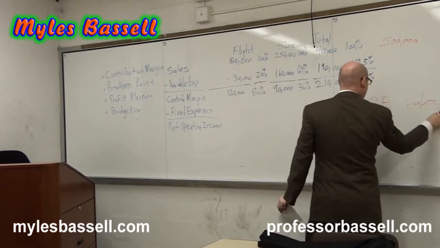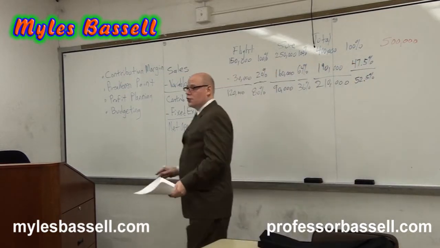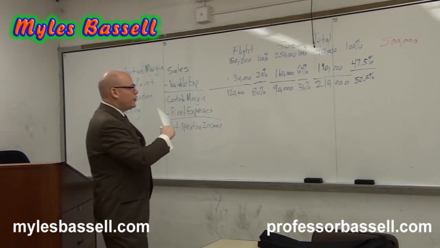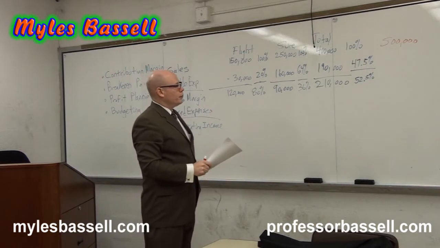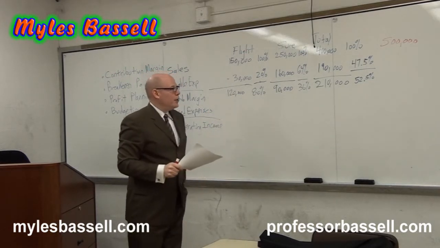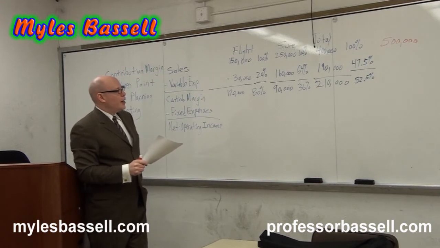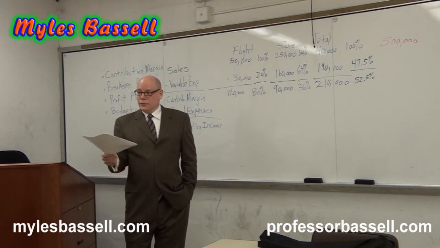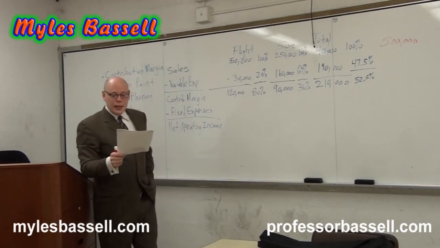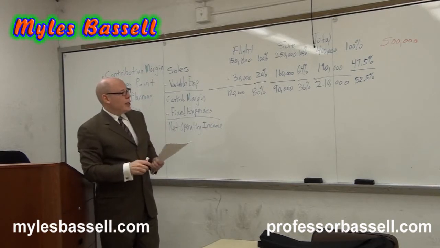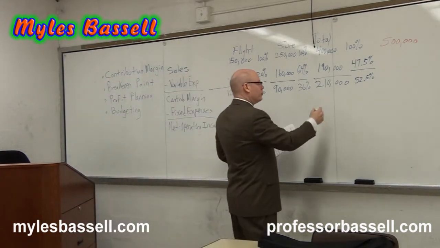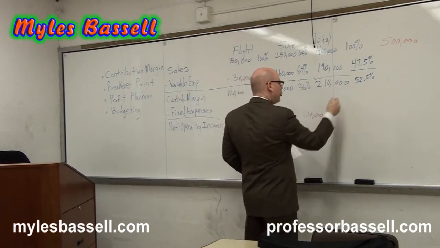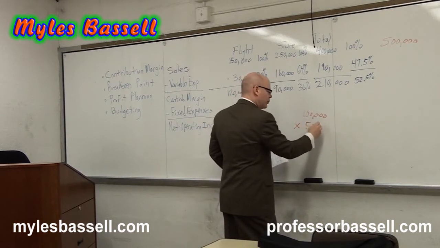If these percentages stay the same, so if the variable expenses remain the same percentage of sales and the fixed expenses remain the same percentage of sales, then what's going to happen to our net operating margin? Divide 100,000 to that percentage. Not divide. The incremental sales is 100,000, and the contribution margin ratio is 52.5%.